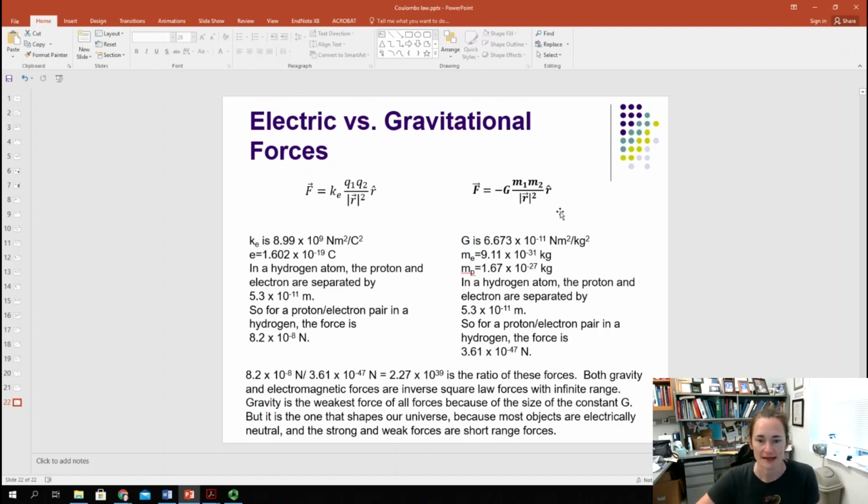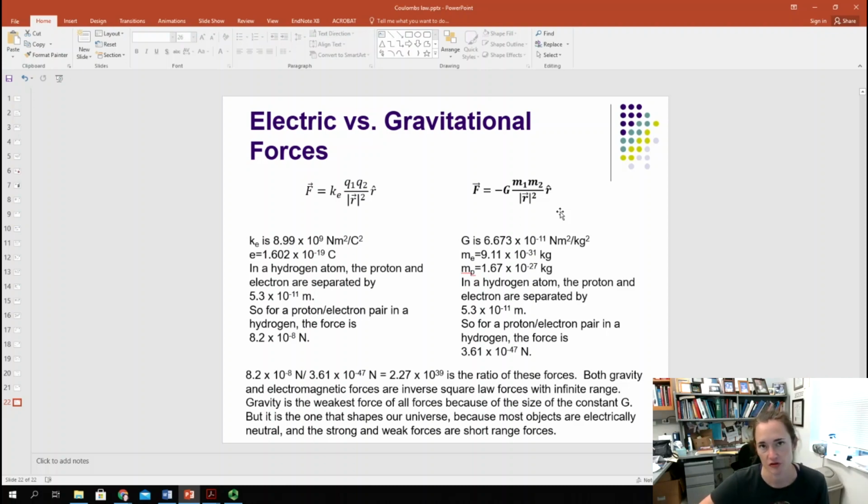Alright, now let's compare the gravitational force between the proton and the electron. The mass of the electron is 9.11 times 10 to the minus 31 kilograms. It's teeny. The mass of the proton is 1.67 times 10 to the minus 27 kilograms. Also teeny. The distance in between, we already said, is 5.3 times 10 to the minus 11 meters.